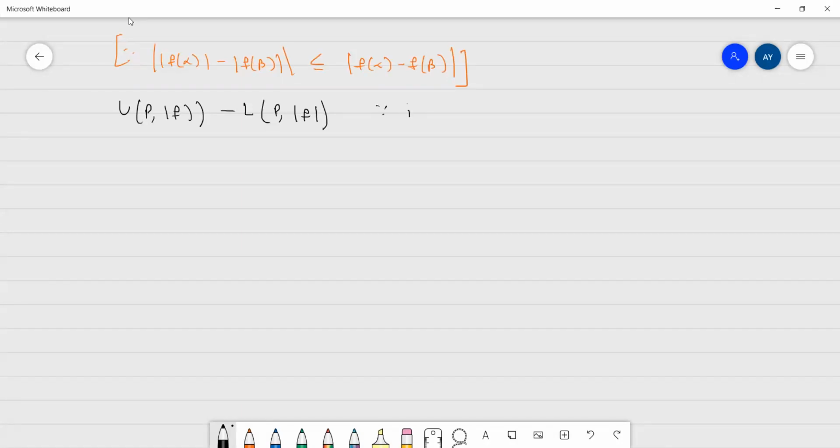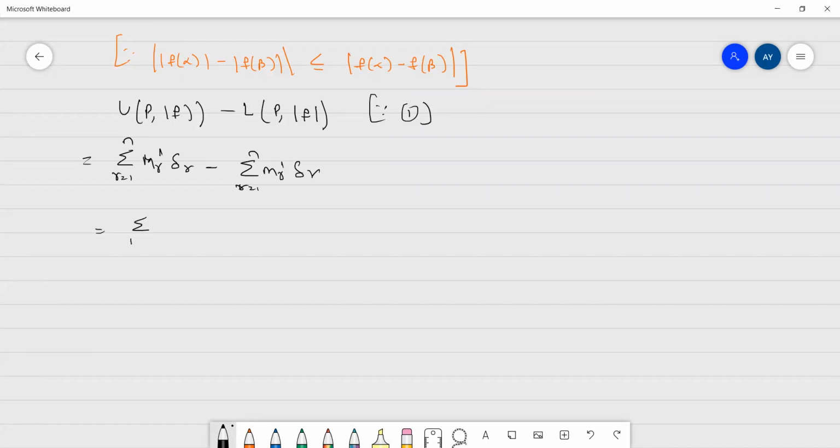Since from 1, we have taken U(P, f) minus L(P, f). From that, I'm just taking this mod. So what is U(P, f)? Summation r equals 1 to n of M_r into delta r. This is the definition, minus summation r equals 1 to n of small m_r into delta r.